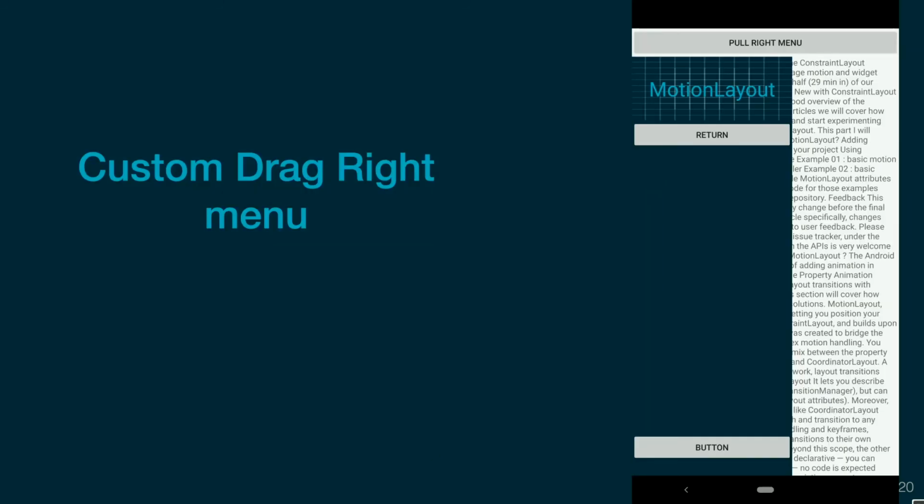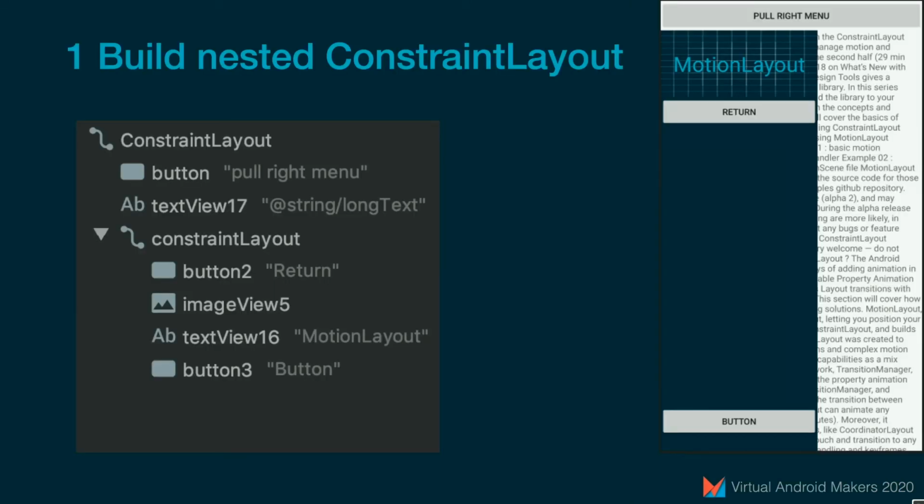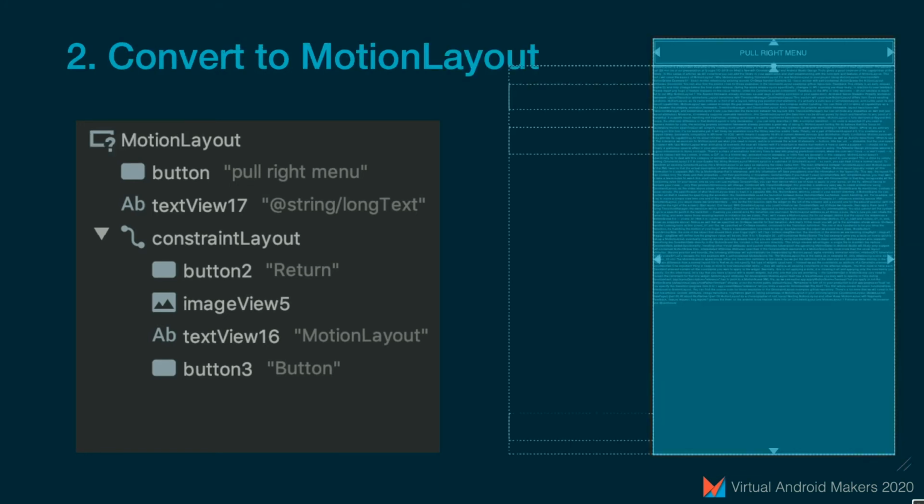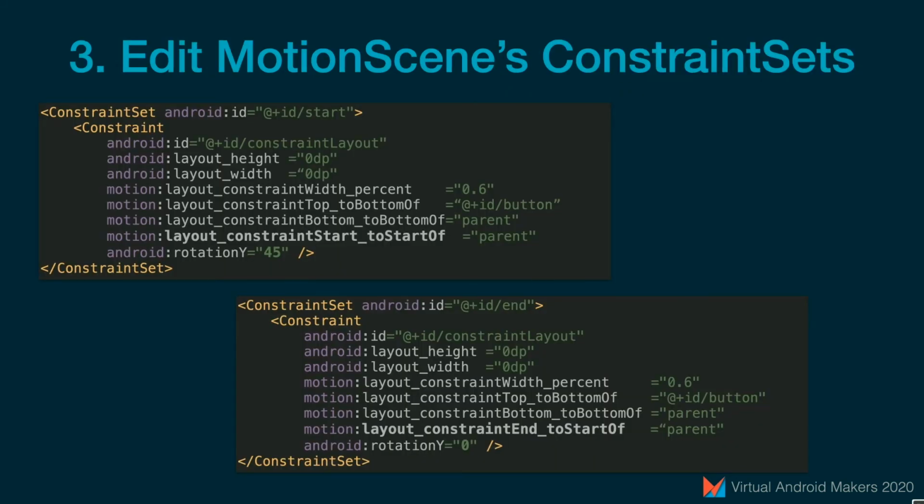Now, one of the things that you could start to do is your own types of fly-ins, which is basically where you're doing a custom complex fly-in. And the way you do that is you build your constraint sets, your constraint layout. You just do everything in constraint layout the way you normally do it. You lay out the piece that's flying in that needs the pull right menu, and you then push it off screen, and then you convert the top level to motion layout, and then you change the constraint sets.